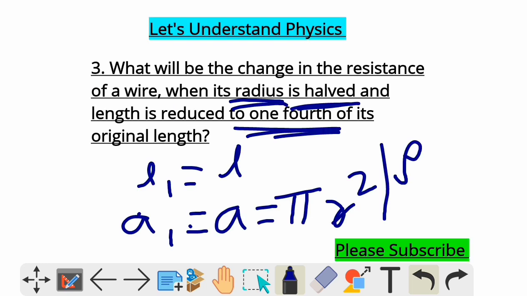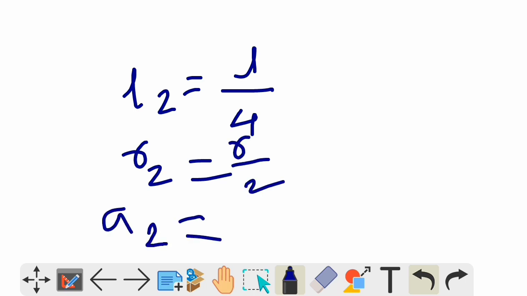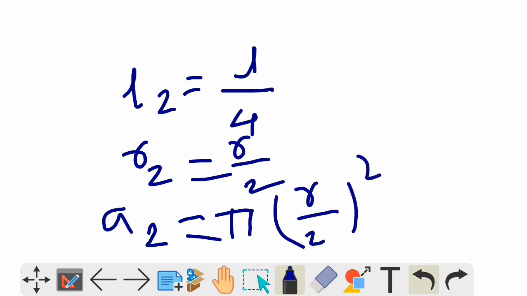Then the area is changed because the radius is changed. Radius has become r by 2. So r2 is equal to r by 2. That means A2 will be equal to pi times r by 2 whole square. That means pi r square by 4, isn't it?